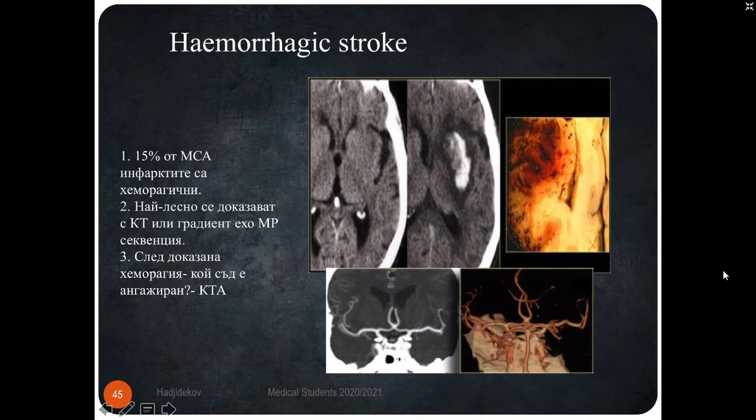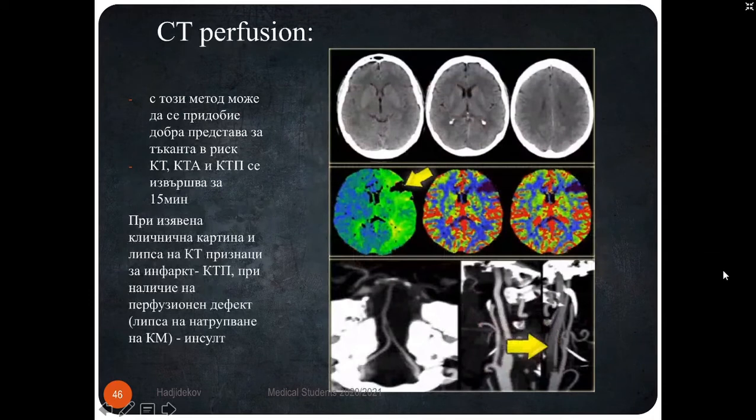And when we have a hemorrhage, we should tell the neurosurgeons which vessel's territory is affected. For that reason, we should perform CT perfusion, and with this method, we can assess the tissue at risk.